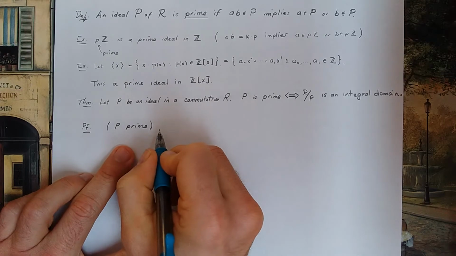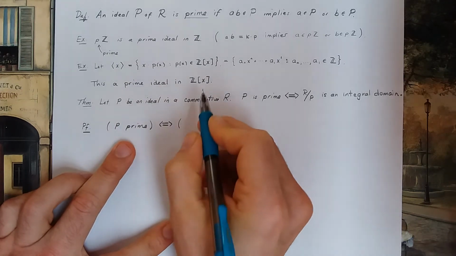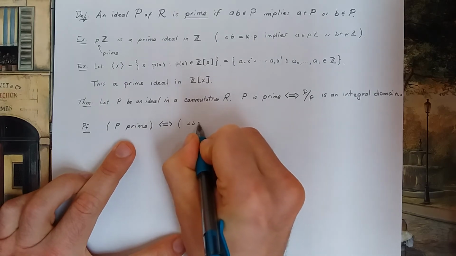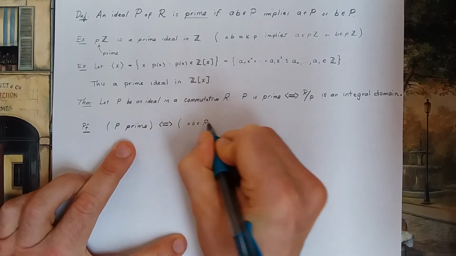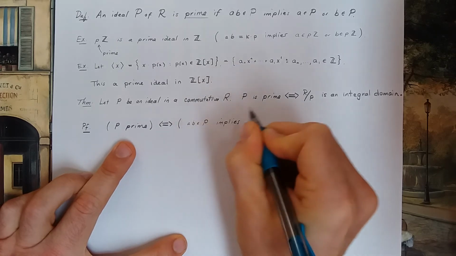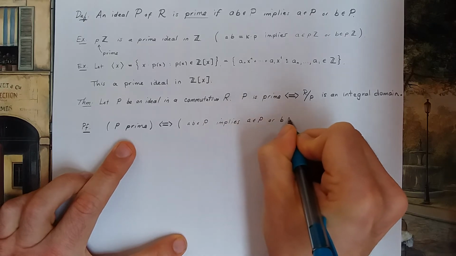So if you have a prime ideal, that's an equivalent condition to the definition. That means that whenever you multiply two elements and land in P, that must imply that either a was in P or b was in P.